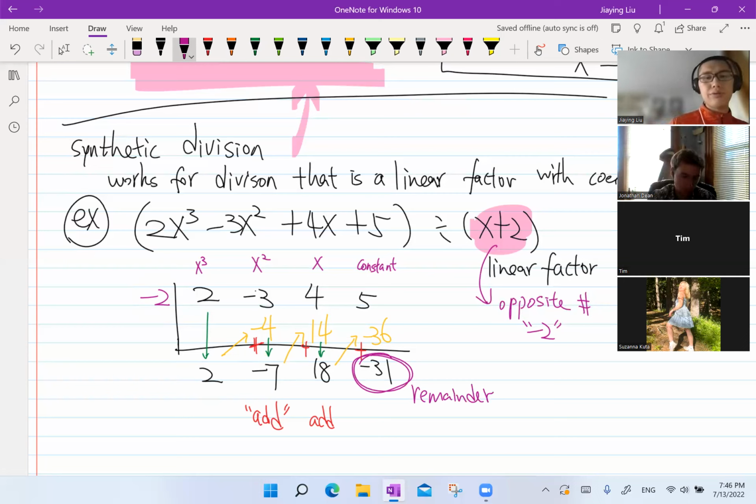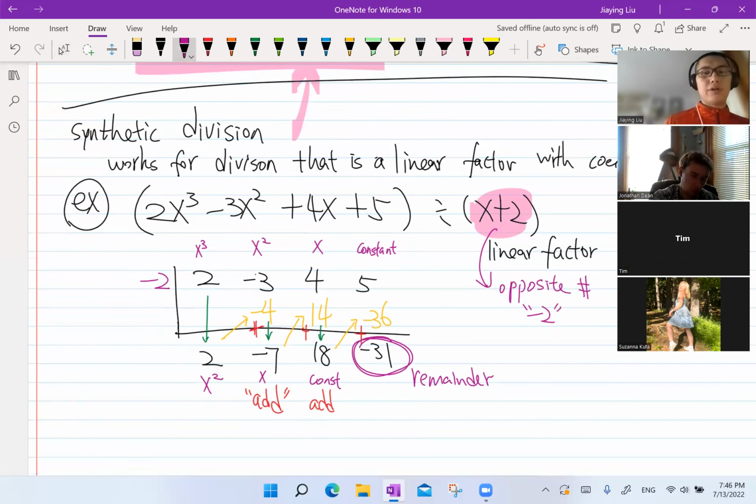And the first number 2 in this list doesn't correspond to x cubed. It's actually corresponding to the x squared term. And the -7 corresponds to x, the 18 corresponds to the constant term. So basically the power of those terms is reduced by 1 after synthetic division.